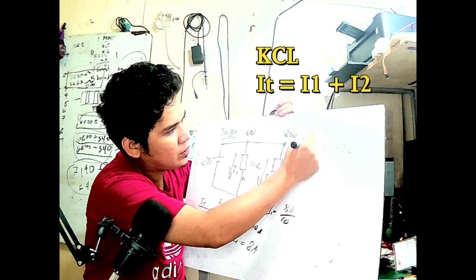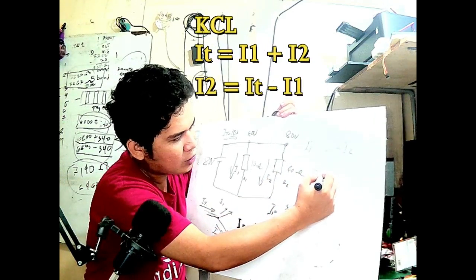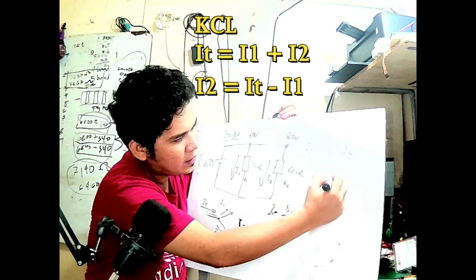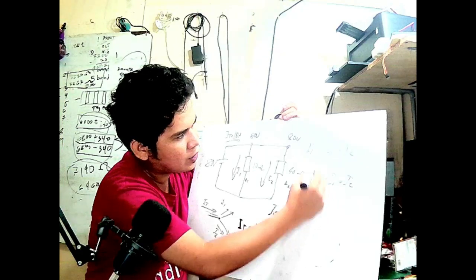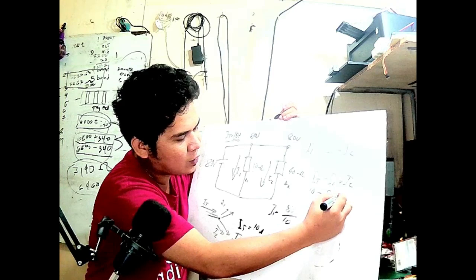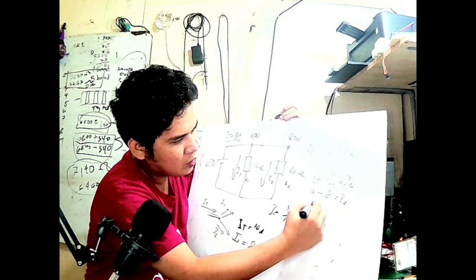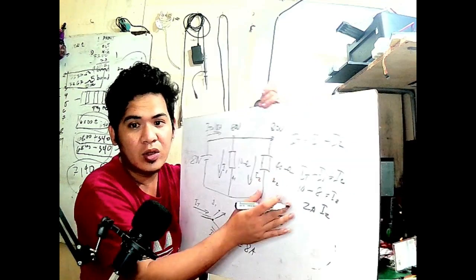So, pag ililipat ko to dito, since positive to, so magiging total I minus I1 is equals to I2. Ngayon, expected natin, since 10 amps minus 8 amps is equals to 2 amps dapat yung ating I2 na lalabas.